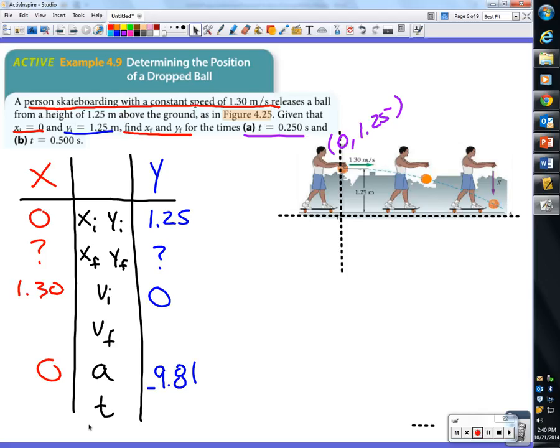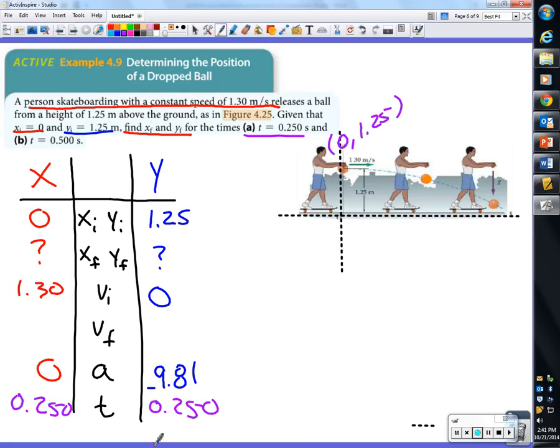It's moving horizontally and vertically at the same time. Meaning, if I know how much time it was traveling horizontally, guess what else I know? How much time it was traveling vertically. On this table that we use to analyze these projectile motion problems, the time always has to be the same horizontal and vertical.